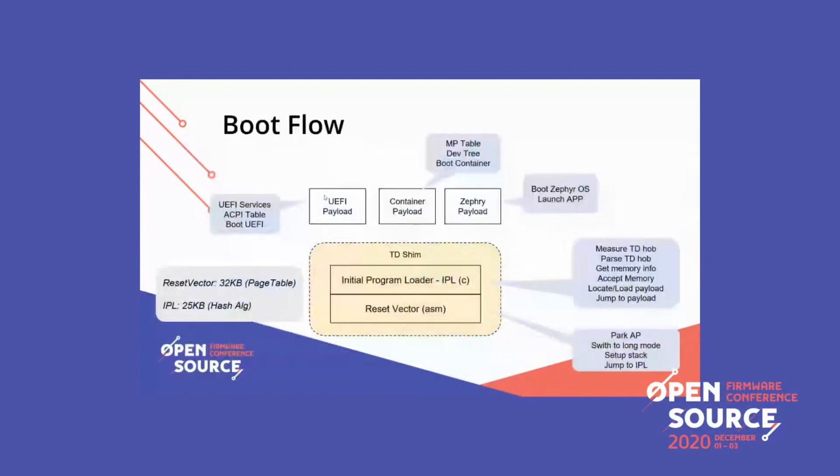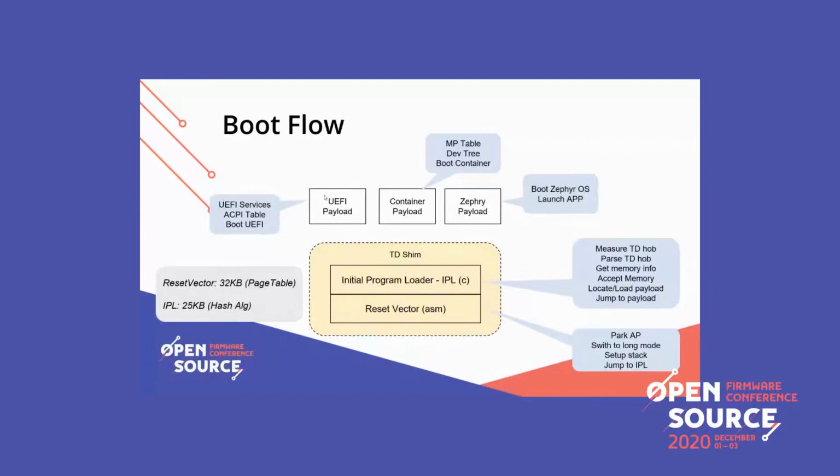And this figure shows the TD-shim boot flow. The reset vector parks the APs and switches to long mode, and sets up the stack for C code and jumps to the IPL. The IPL code measures the TD HOB, passes the TD HOB, gets memory information, and accepts the private memory. Then it can load the payload and jump to the payload.